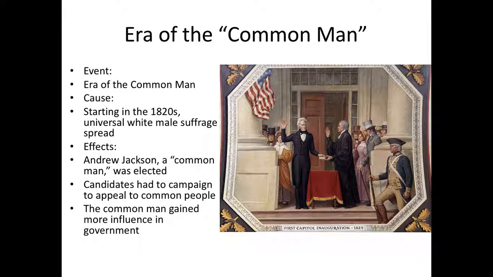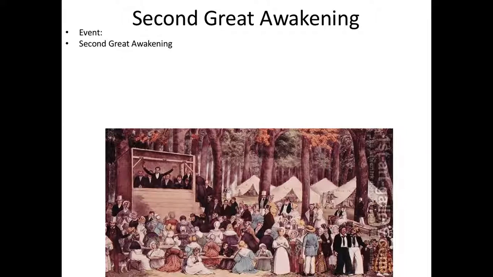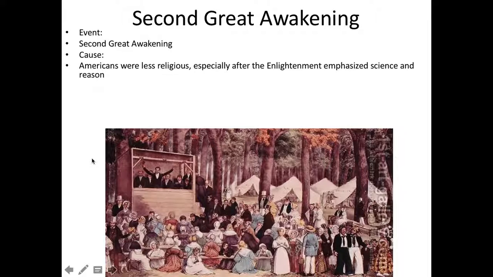Now I'll move to the big religious movement of the time period, and that will be the Second Great Awakening. So here in the picture you see another one of those camp meetings occurring, very religious and emotional camp meetings. And remember that in the Second Great Awakening, Americans had, before this time, become less religious.